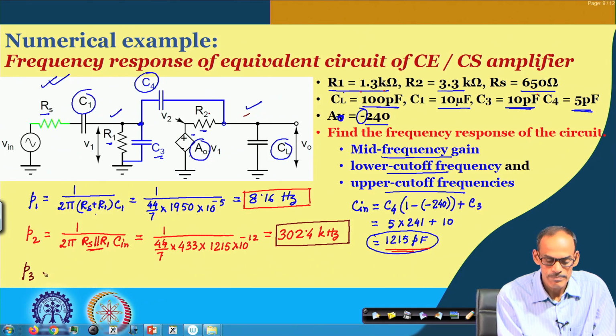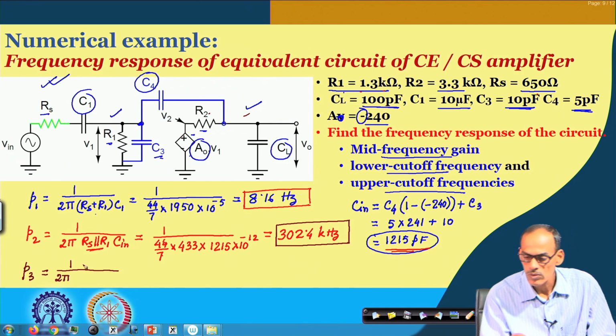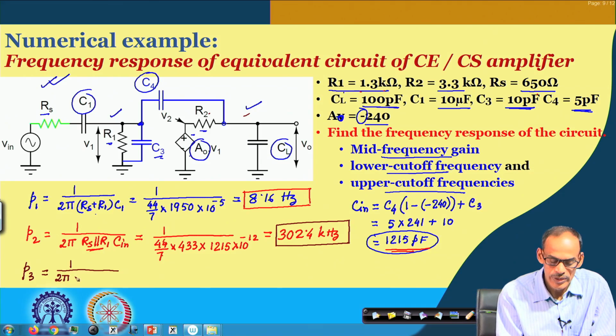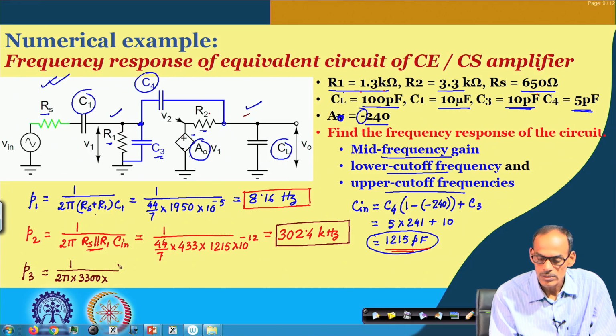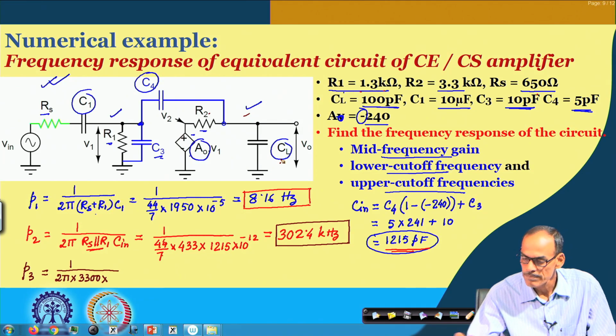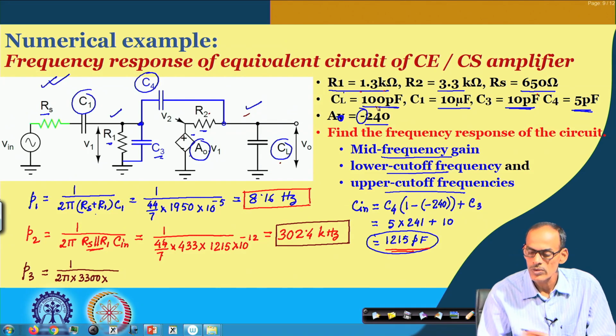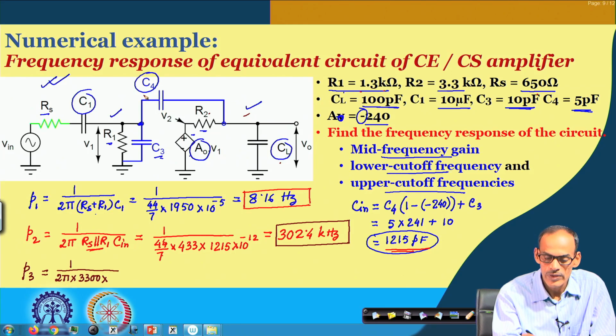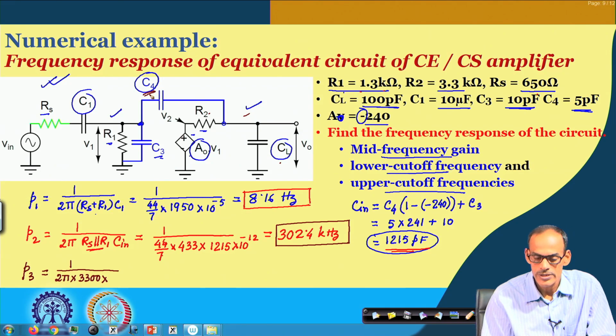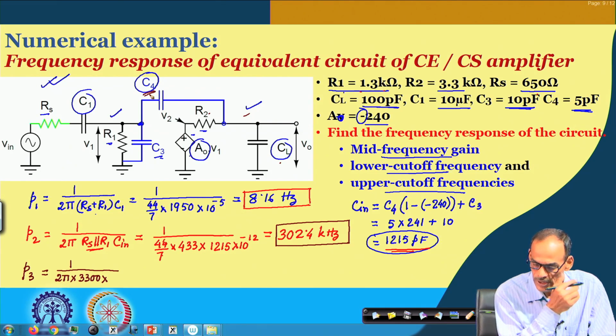Now, you can also calculate the third pole P 3, which is coming from R 2, the output resistance. So, P 3 is 1 by 2 pi into R 2, which is 3.3 k, so we do have 3300 ohms, and then C L equals 100 picofarad, and then C 4 is almost coming as is.